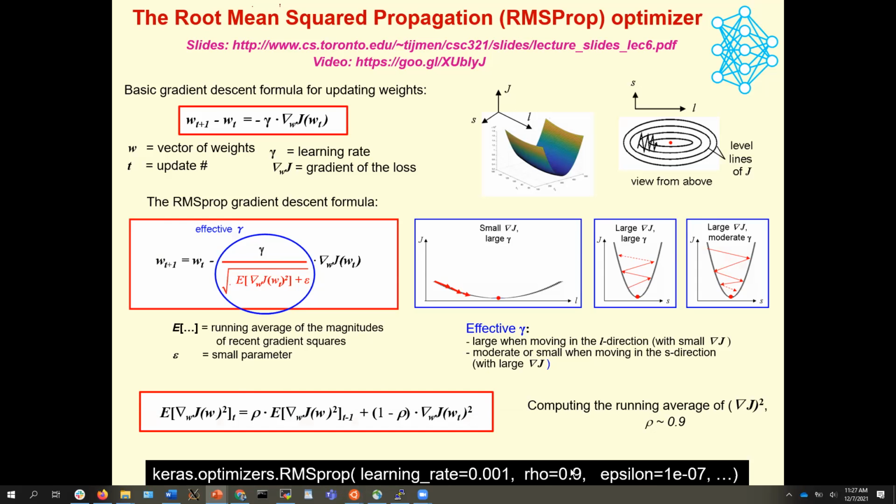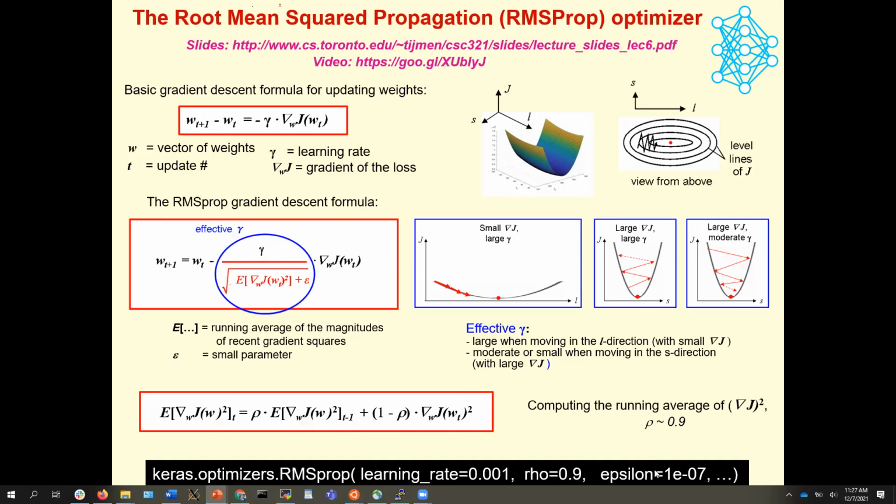And finally, in Keras, there is a special class for the RMSprop optimizer, and the constructor for that class is shown here. In order to create the RMSprop object, you need to use this constructor.